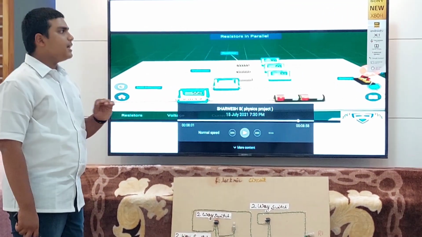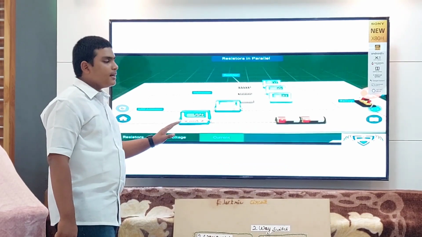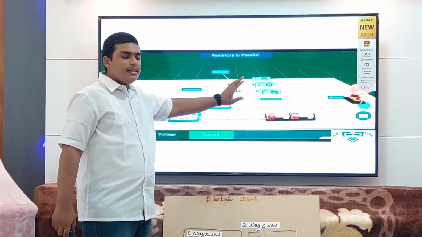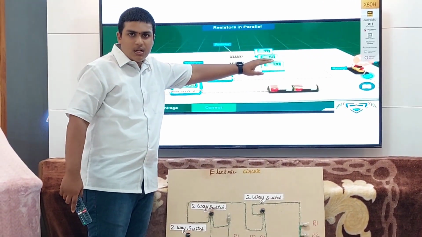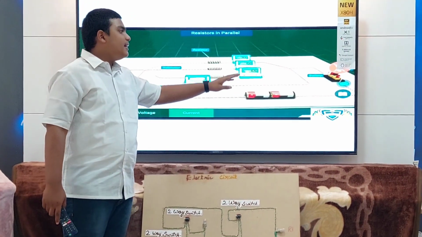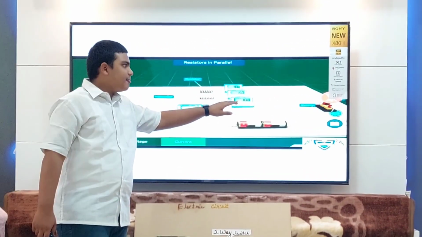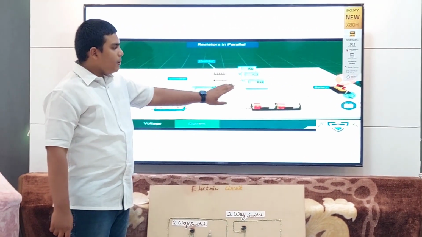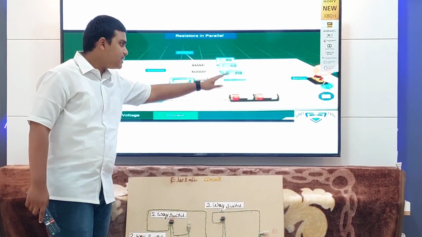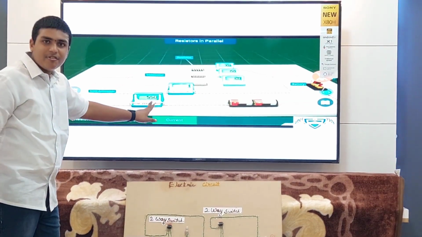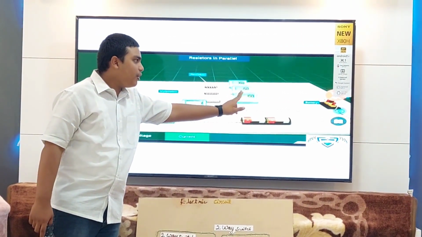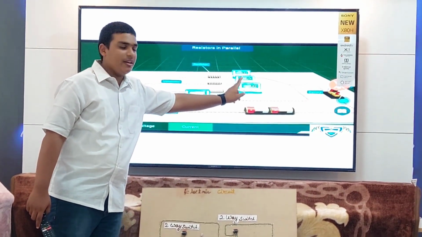Now, we are checking in this circuit by placing an ammeter for each of these 3 resistances, and we are getting different values. If we add these 3 currents, we will get 550. 300 plus 100, 400. 400 plus 150, 550.